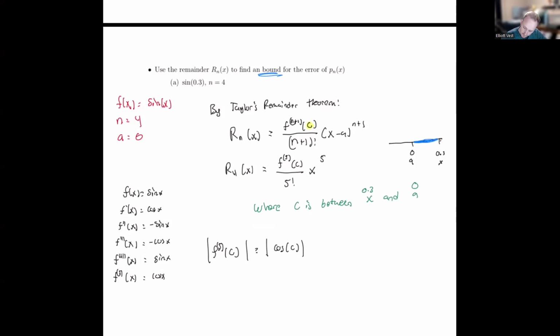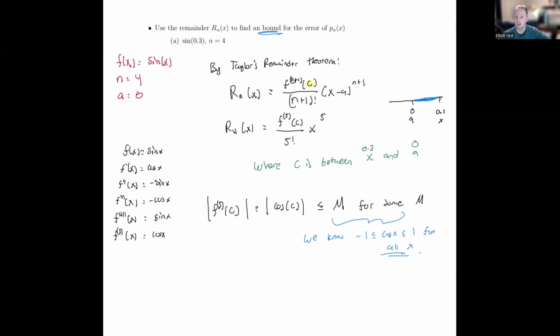Well, I'll say for some M, in particular, we know negative 1 is less than or equal to cosine of x is less than or equal to 1 for all x.